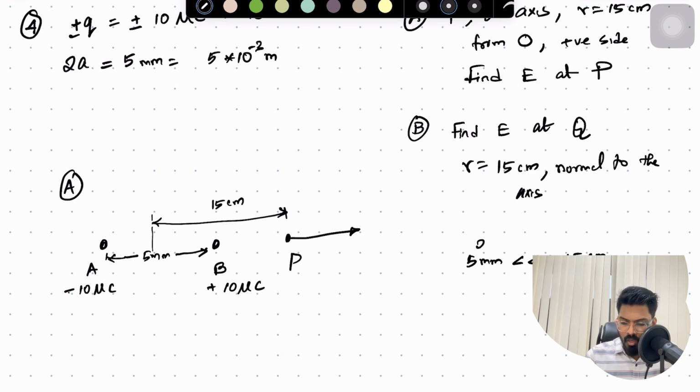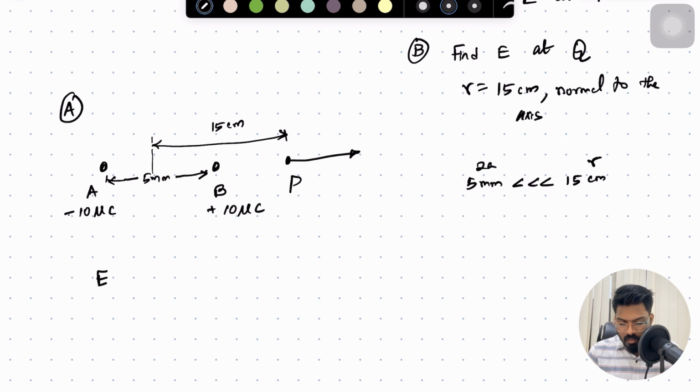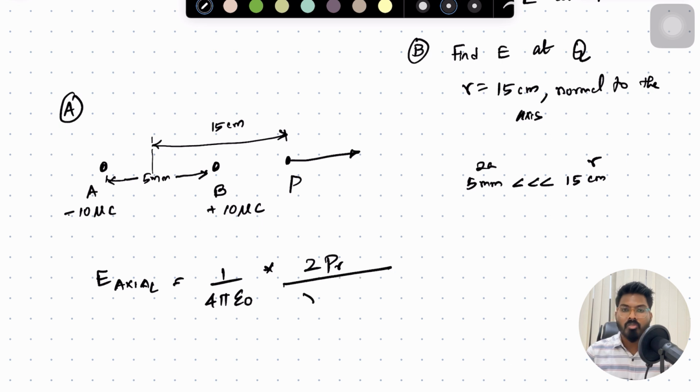So this is 2a, is much smaller when compared to r. So when we go for the formula E axial, which goes by 1 by 4 pi epsilon naught into 2pr by r square minus a square whole square, in this formula I could take a approximately equal to 0.